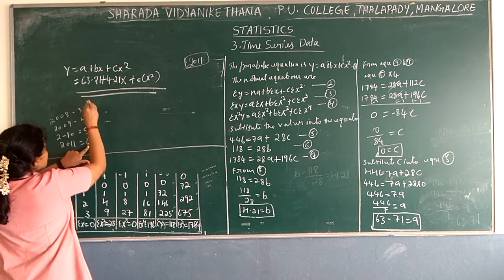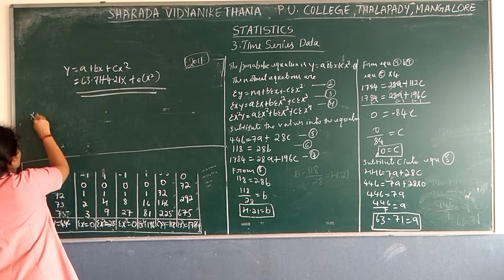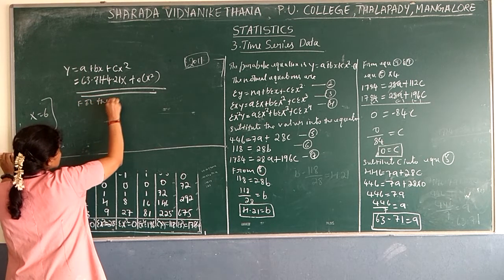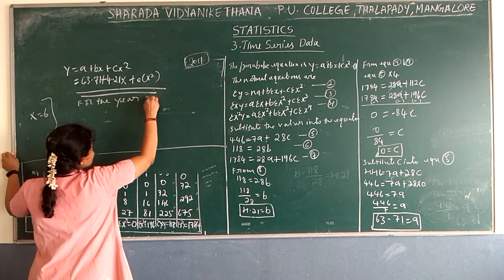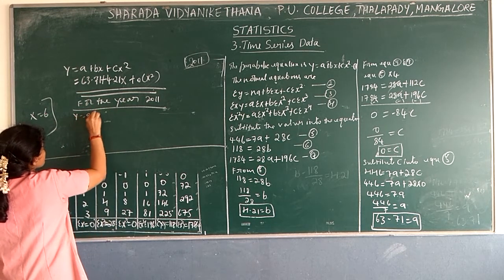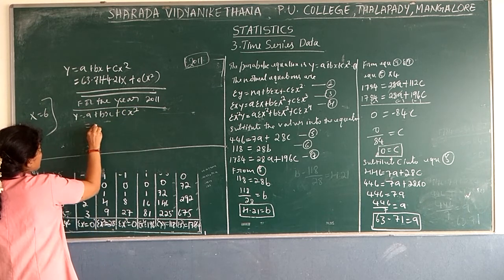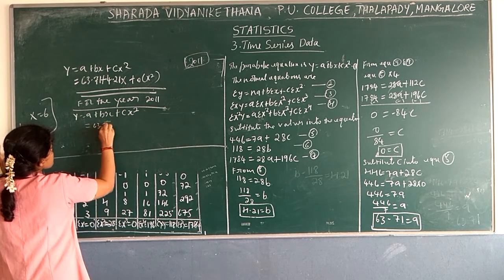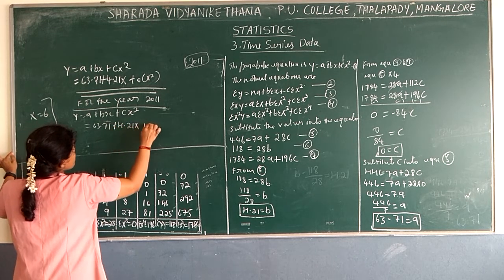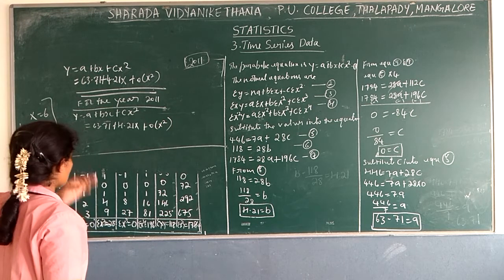So now we take this equation for the year 2011, where x is 6. Y is equal to a plus bx plus cx square, that is 63.71 plus 4.21x plus 0 into x square.